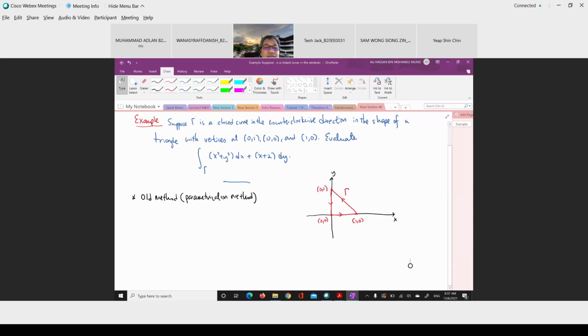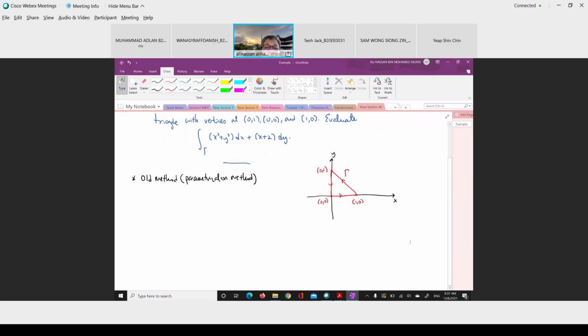Then I have to split gamma into three: gamma 1 plus gamma 2 plus gamma 3. The closed curve gamma can be viewed as a join of three separate curves. So if I were to apply the old method, then I have to split this integral into three.